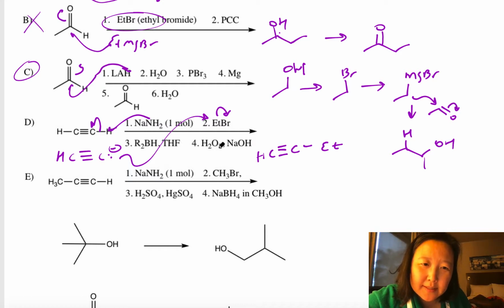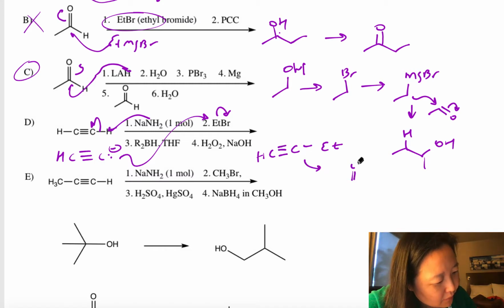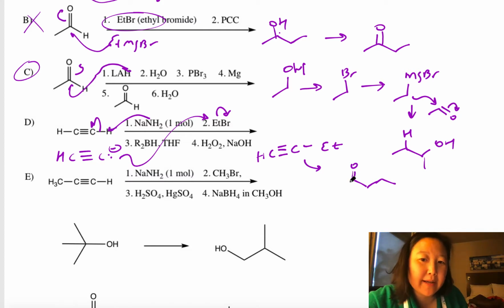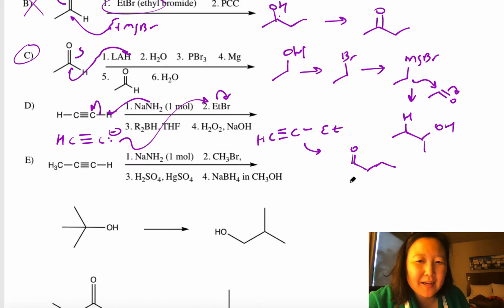And then I do steps 3 and 4 on an alkyne. Remember, that does anti-Markovnikov addition of water, and I get an enol there, which then tautomerizes. So I end up with 1-butanal, or butyraldehyde, 1, 2, 3, 4. But it's an aldehyde, not 2-butanol, so D doesn't work.